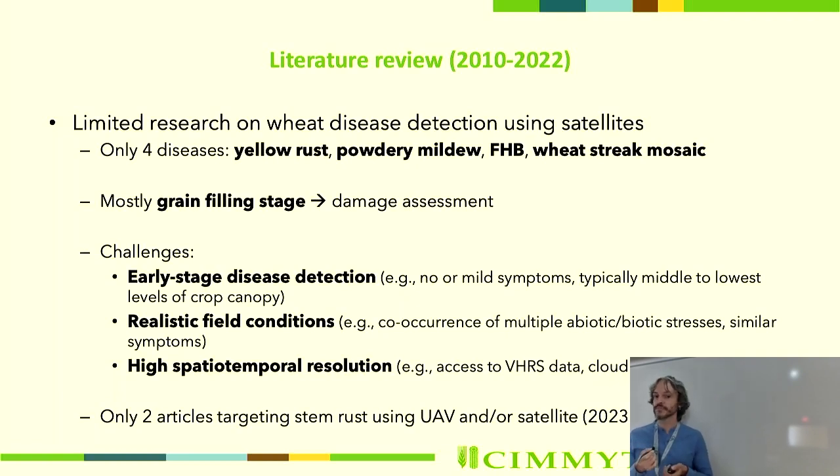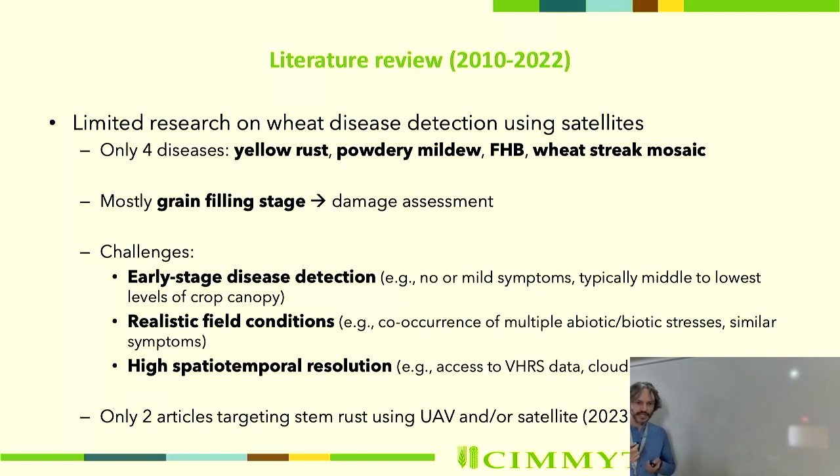We have co-occurring multiple stresses, biotic in nature. They have similar symptoms, so how can we separate these? And of course, we need high resolution data, especially in the temporal scale, where we can have daily imagery. It increases our chance to get a cloud-free image during the agriculture season when we have a lot of rainfall.